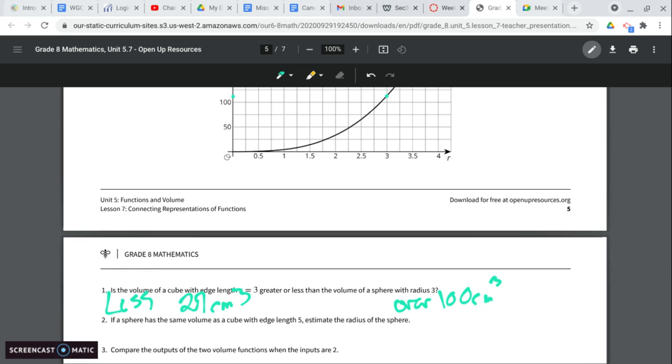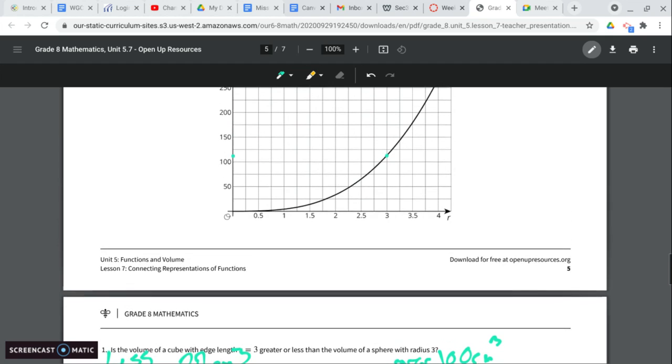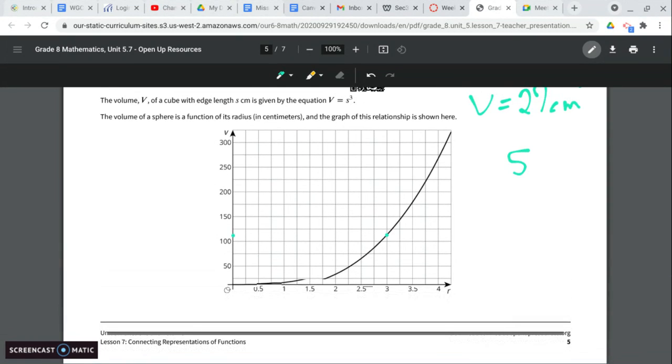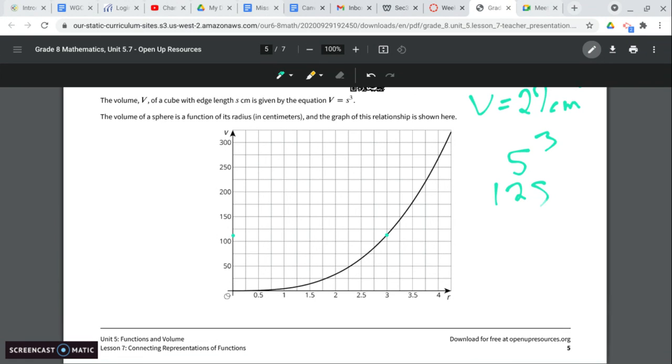All right, if a sphere has the same volume as a cube with edge length 5, estimate the radius of the sphere. So the cube, if it has an edge length of 5, we'd take 5 to the third power, which would be 125.